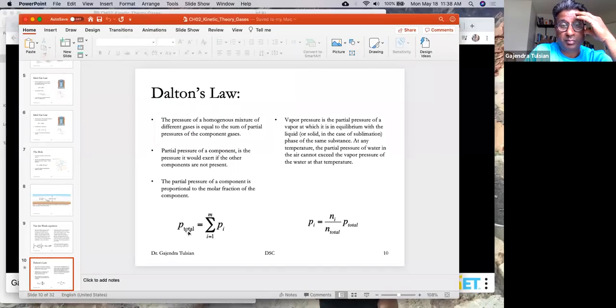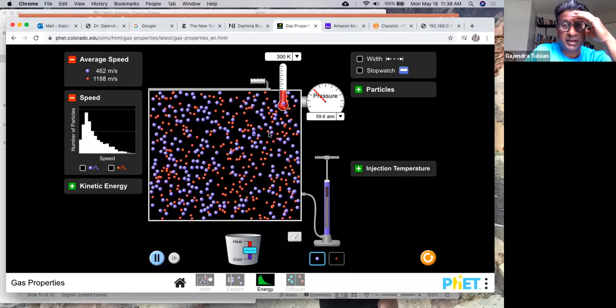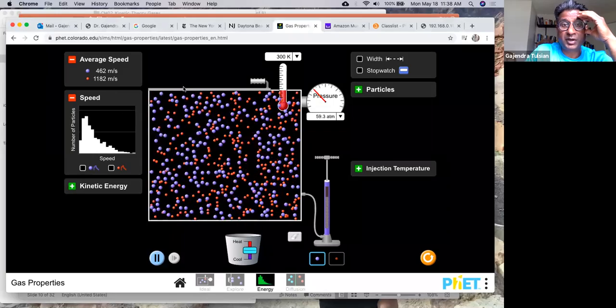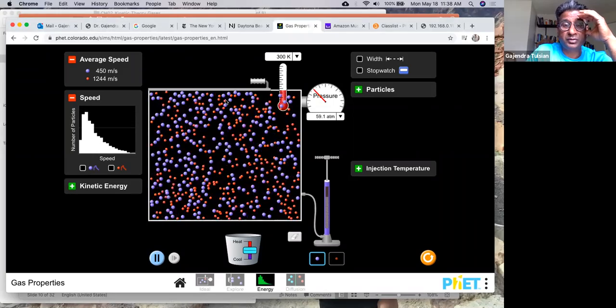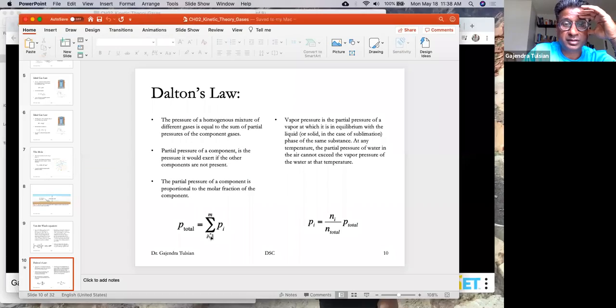What Mr. Dalton found was the total pressure is the sum of partial pressures. What this equation is telling you is, for this gas, the pressure is 60 atmospheres, and if the blue molecules exert a pressure of 40 atmospheres, the red molecules are exerting a pressure of 20 atmospheres. That's what Dalton's law says. Also, the partial pressure of each gas is proportional to the fraction of the gas.